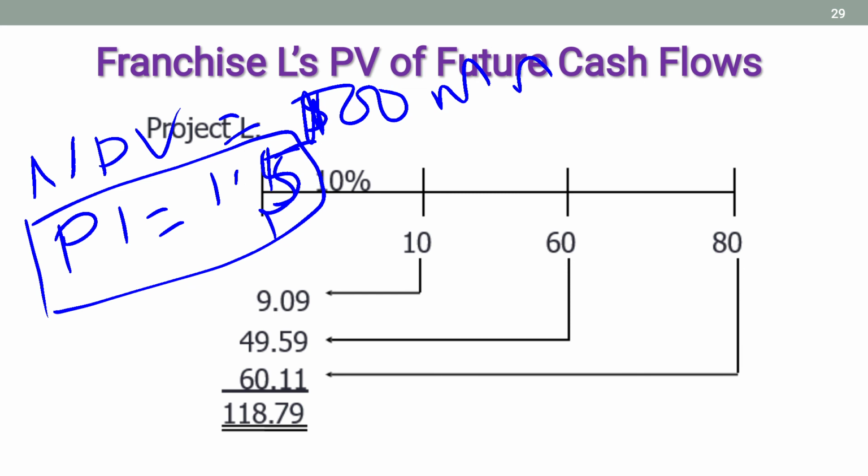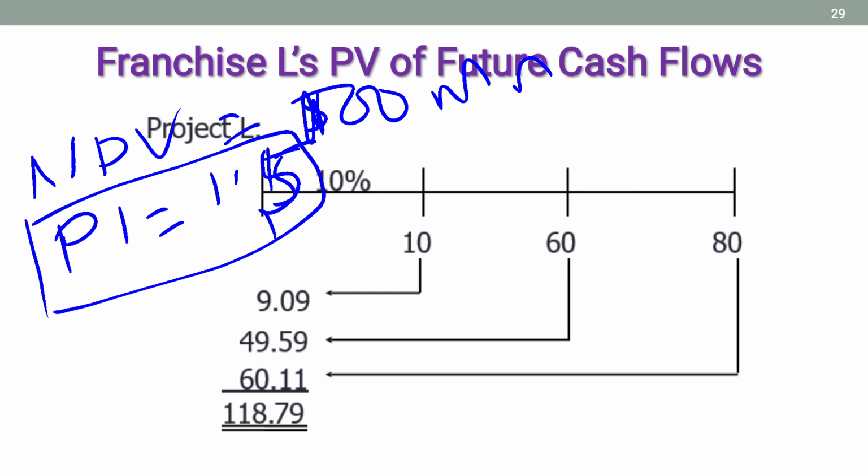It means PI, profitability index, is equal to 1.5. It means if you are investing 1 rupee in the project, you are ending up with 1.5. This sort of relative answer, the comparable answer, is not provided by the net present value technique, right? This is the advantage of PI.